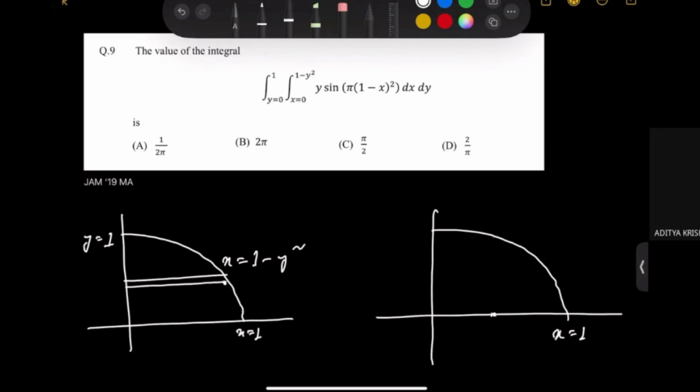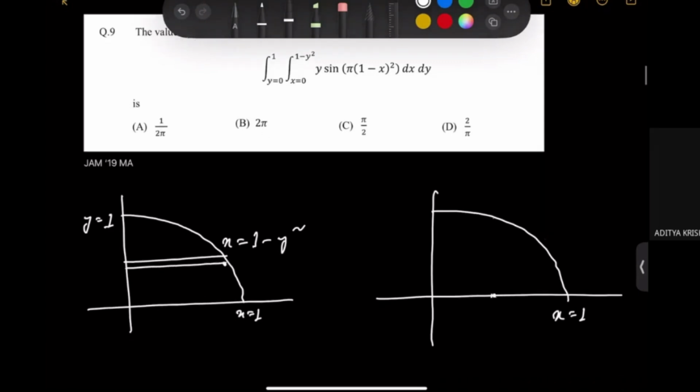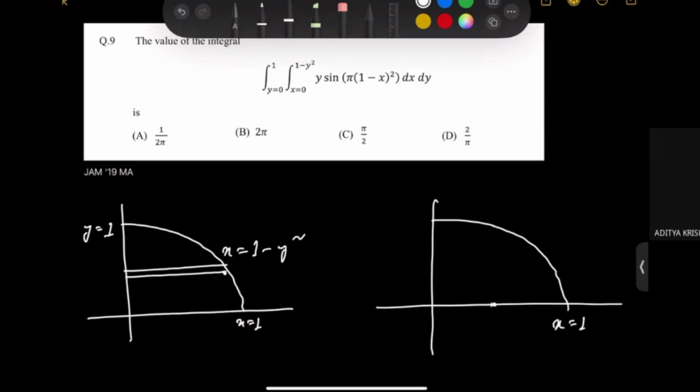I've drawn just the diagram to make it easier for you. Guys, anyone?